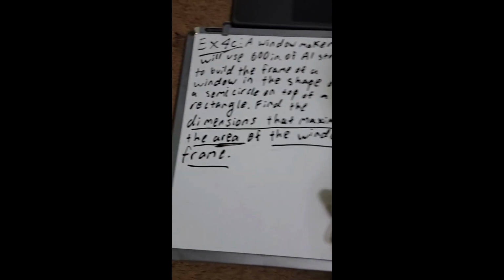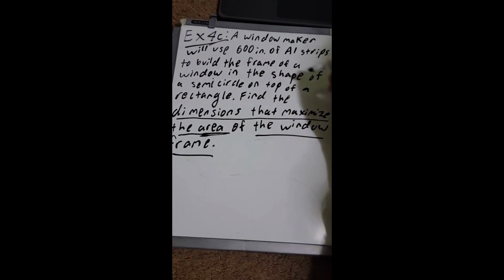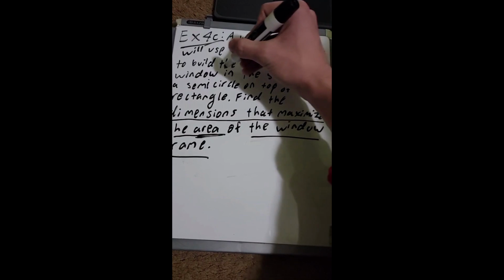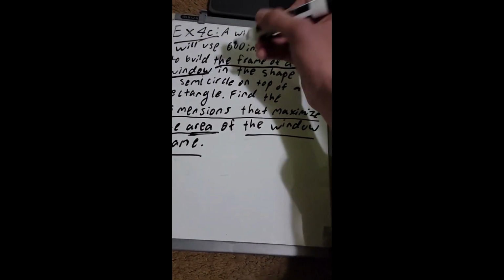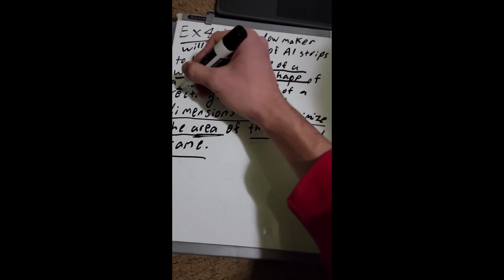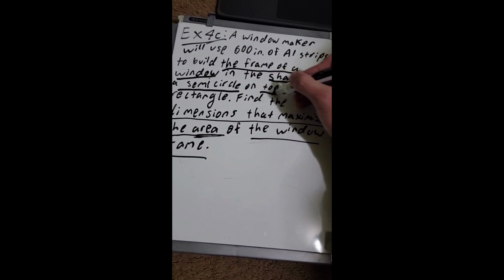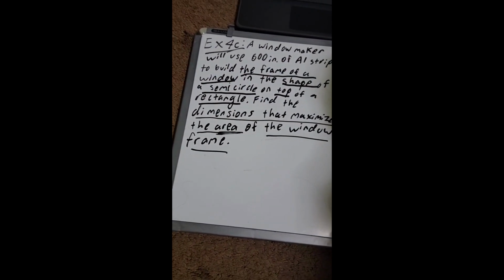All right, so to find the dimensions of the window frame, we got to know what the window frame looks like. And thankfully it tells us right here that the frame of this window is going to be in the shape of a semicircle on top of a rectangle, right?